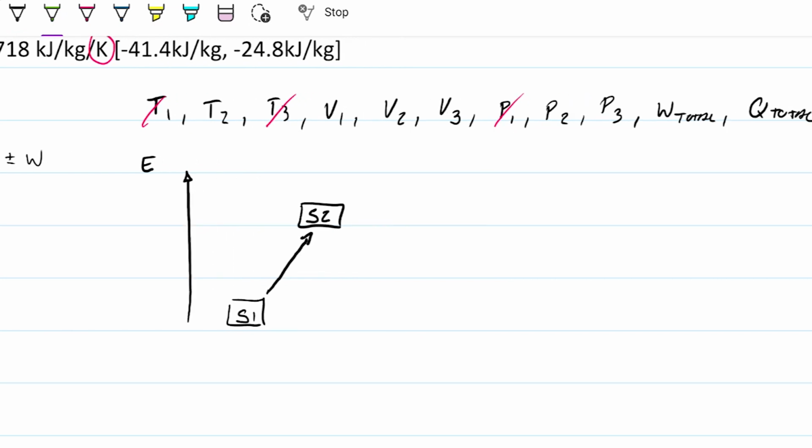Now, for state 3, I'm not sure. We only know the temperature so far. I don't know if state 3 is over here, higher energy than state 2, or down here in between state 1 and 2, or down here, lower than state 1. We need to do some detective work to find this out, and then we can eliminate as we go so that we can understand what's going on.